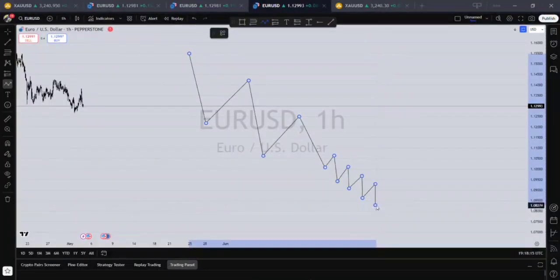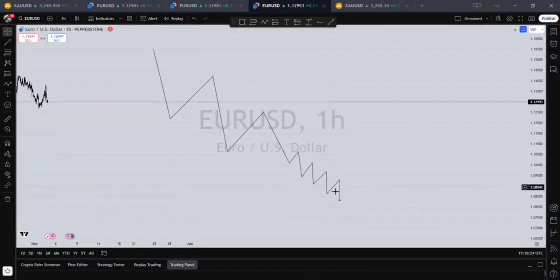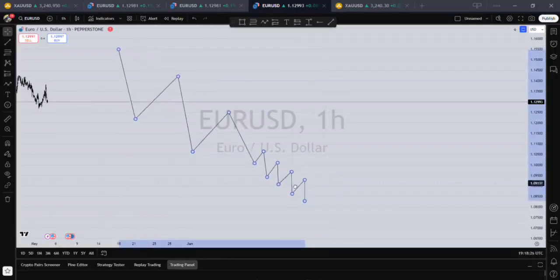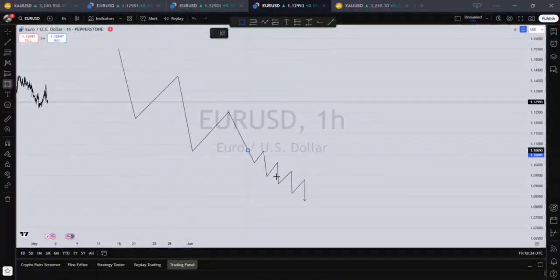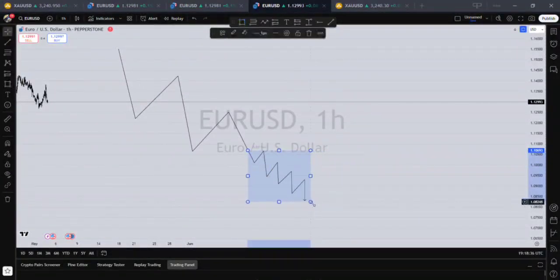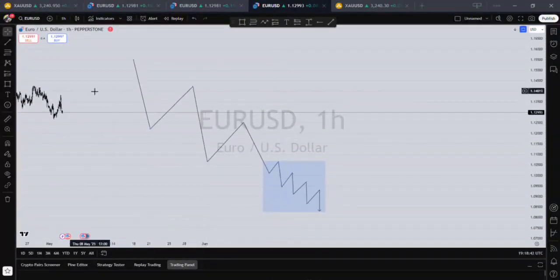In this same structure, this is like a structure on its own, but it is part of this. It follows the same trend. It follows the same bearish structure.